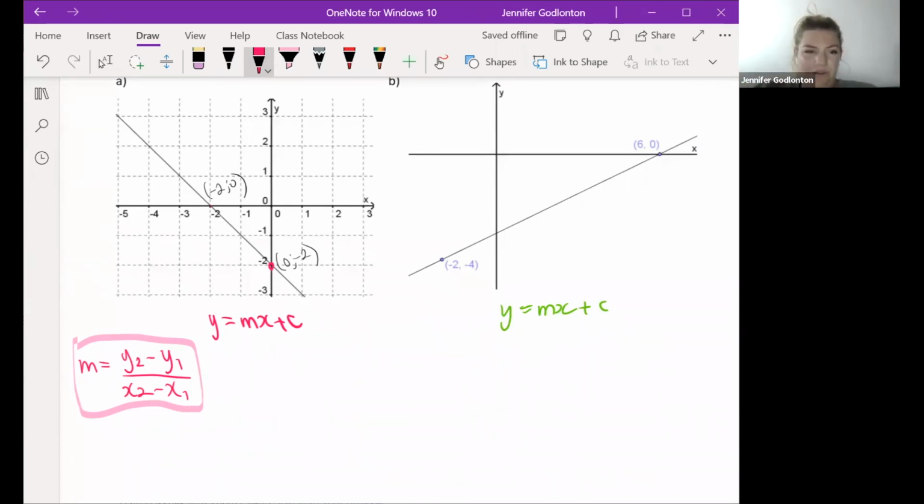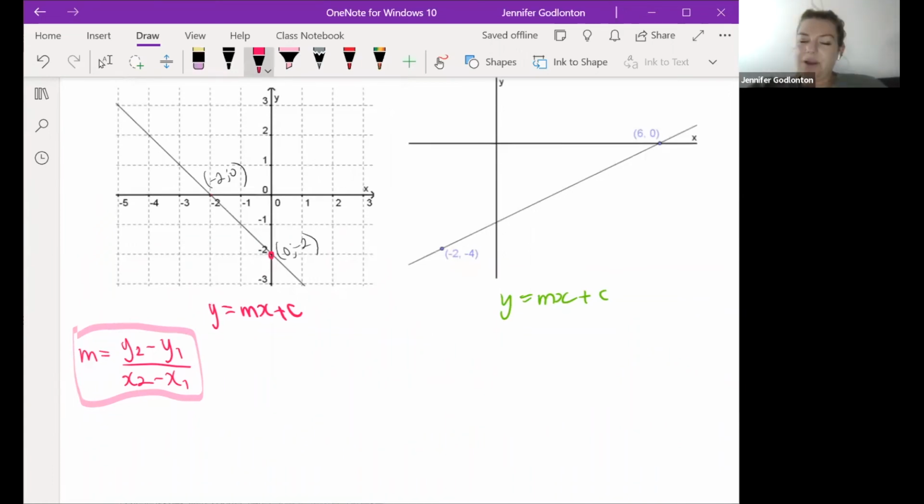Okay, I'm just going to work through the pink one first, and then I'm going to give you some more time to do the green one. The pink one is our easy one because they've given us our y-intercept, so we already know that c is -2. What we need to do is find our gradient. Remember, we need our change of y over our change of x.